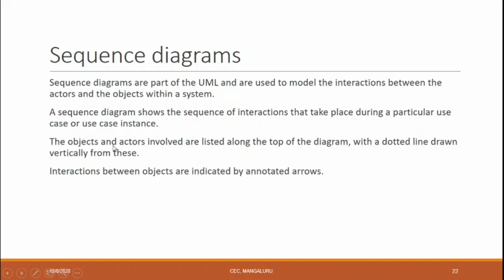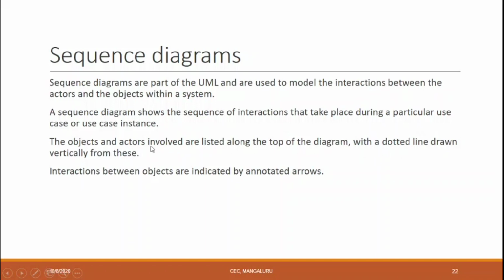The objects and actors involved are listed along the top of the diagram with a dotted line drawn vertically from each. You can see the diagram in the next slide.